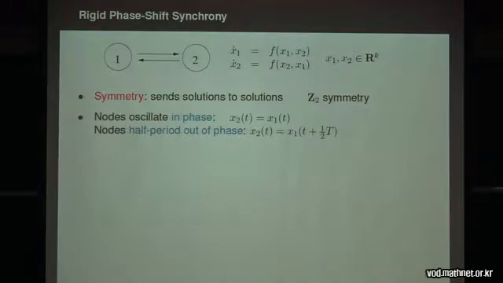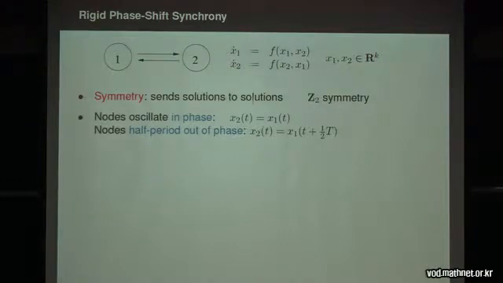And it's sort of clear that if you have a solution x1 of t, x2 of t, then x2 of t, x1 of t will also be a solution to that system. And symmetries of differential equations are linear maps that take solutions to solutions. So we have a symmetry which is a Z2 symmetry, just swap the nodes.